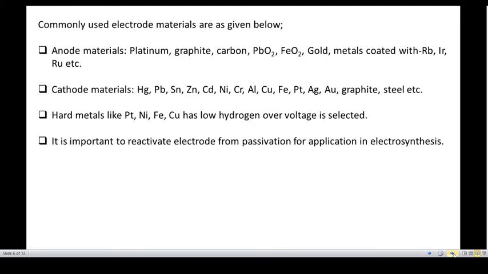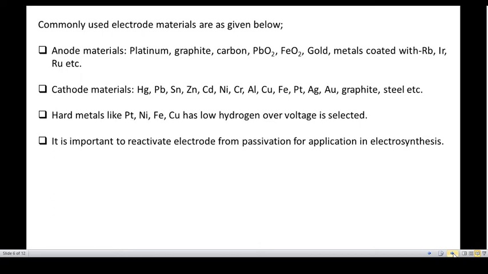Commonly used anode materials may be platinum, graphite, carbon, lead oxide, iron oxide, gold, or metals coated with rhodium, iridium, ruthenium, etc. Cathode materials may be mercury, lead, tin, zinc, cadmium, nickel, chromium, aluminium, graphite, etc. Hard metals like platinum, nickel, iron, and copper, which have low hydrogen overvoltage, are also selected.